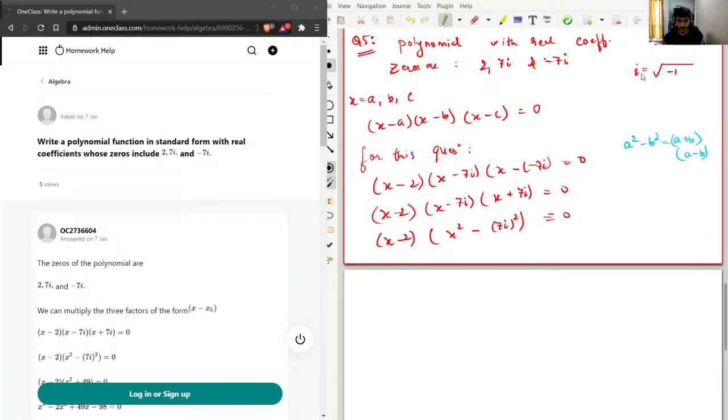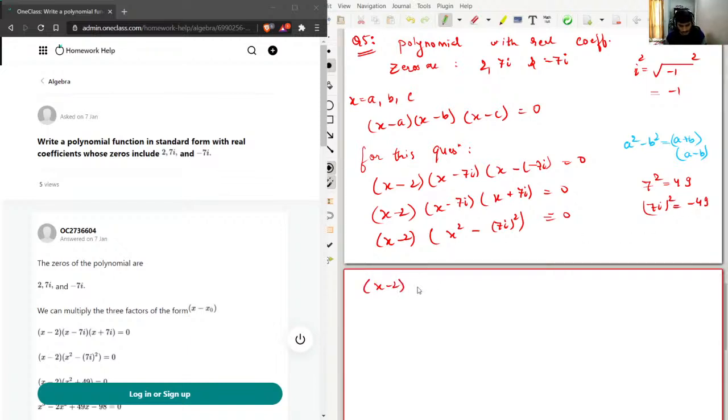Now I have already told you what i is. So if I do the square of this, i square is negative 1 and 7 square is 49, so we'll multiply both of them and 7i whole square will become negative of 49.